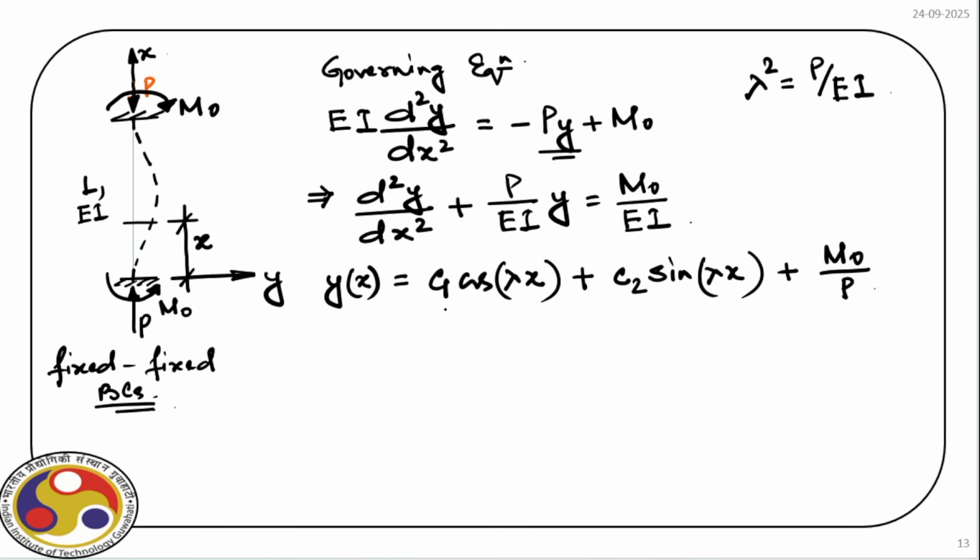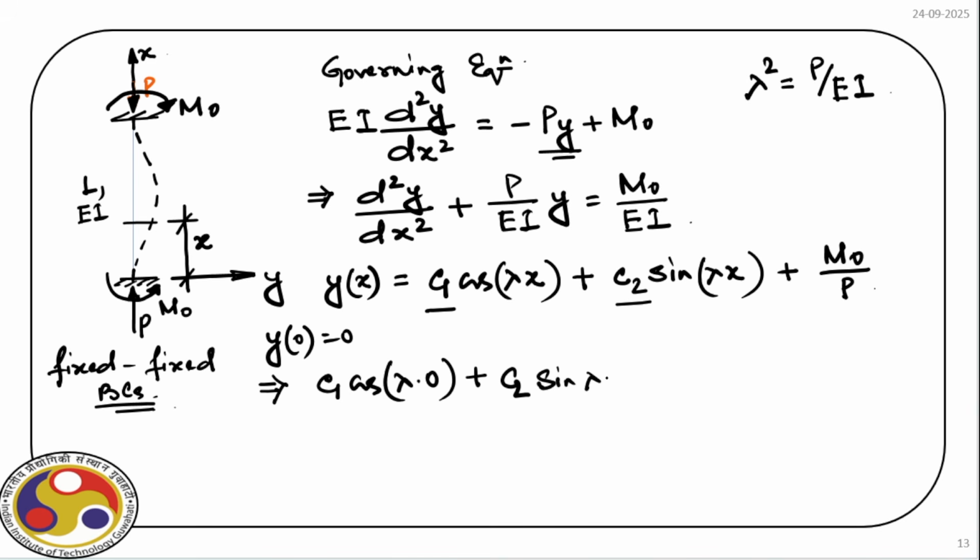Okay, so now again what we have here on the right hand side, C1 and C2, these are the two constants that we are going to evaluate from the boundary conditions, right? So the first boundary condition is the displacement y of 0 is equal to 0, and if we put that expression, what we get is C1 cos of lambda times 0 plus C2 sine lambda times 0 plus m0 by p is equal to 0.